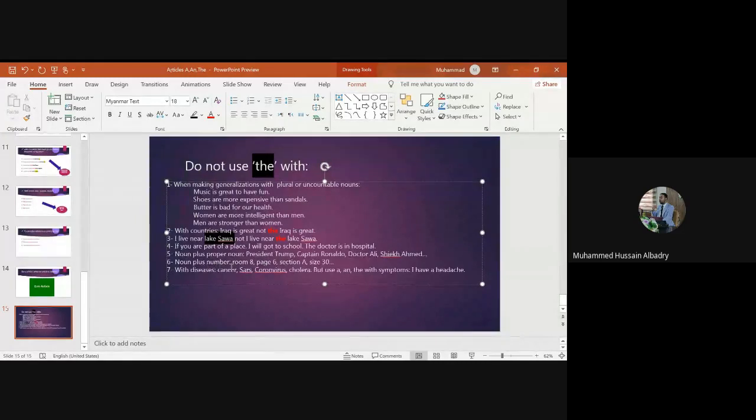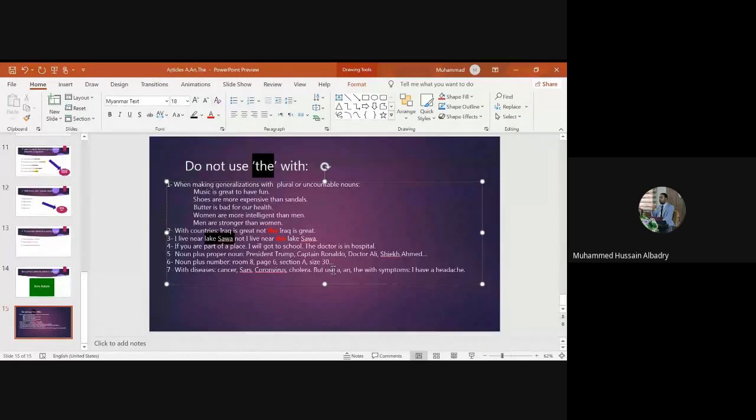Noun plus number. The noun, then a number or section, for example section A. You don't say the section A or the section B. Section A, it is known. Page 6. For example, you buy trousers, you don't say the size, you say size 30.